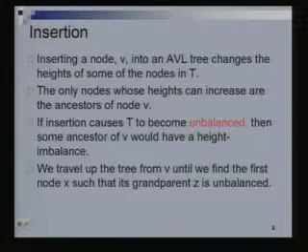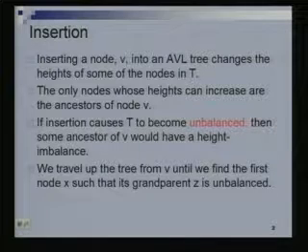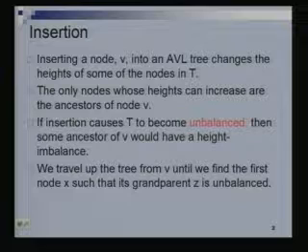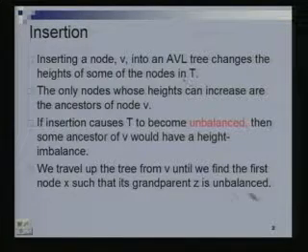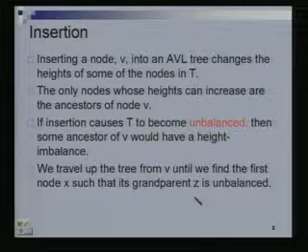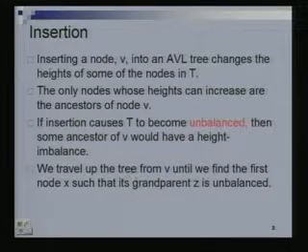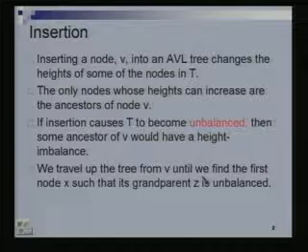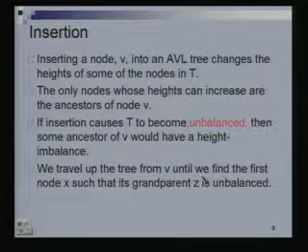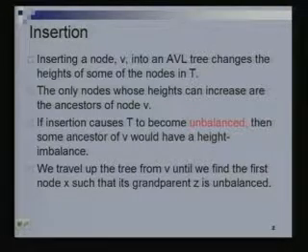So what are we going to do? We are going to essentially travel up the tree from this node V. Travel up the tree, which means just keep following the parent pointer, yeah, till we identify the node Z which is unbalanced, right. So I have said it as till we find the first node X whose grandparent is unbalanced, but you can also think of it as I find the node Z which is unbalanced and X is its grandchild.